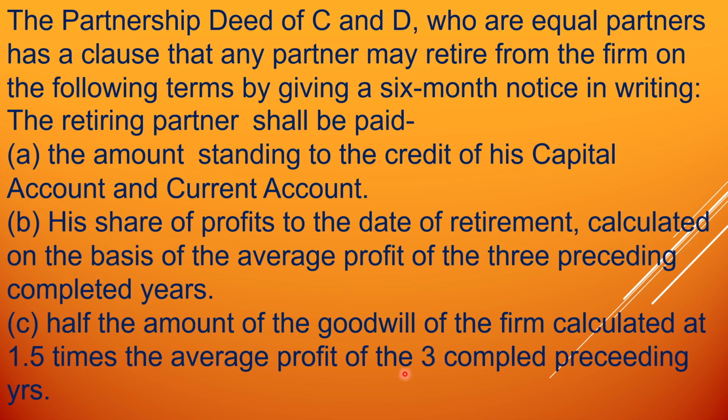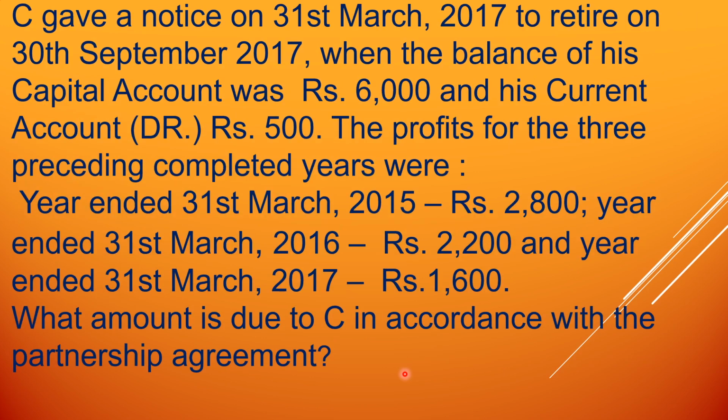First we calculate the average profit. After calculating goodwill, the retiring partner's share has to be calculated, and the remaining or gaining partner has to bear or compensate that. More information follows.